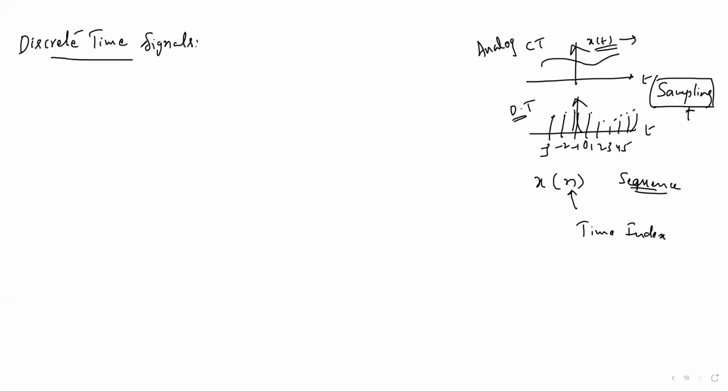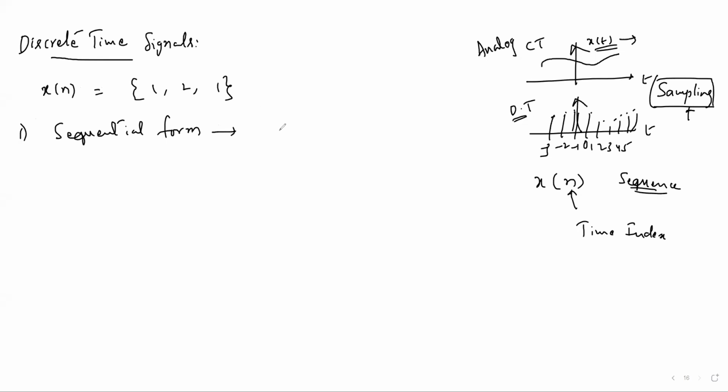Anyway, here discrete time signals can be represented in different ways. Let us consider one example. x of n is given like this. So it is represented in sequential form. This is the sequential form of a discrete time signal.